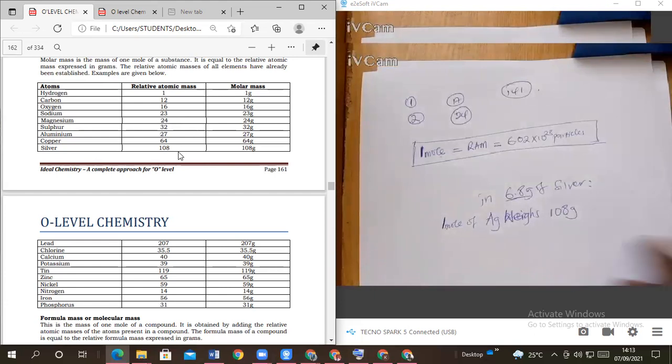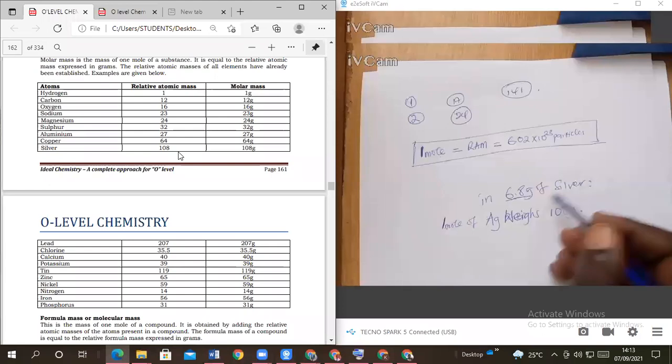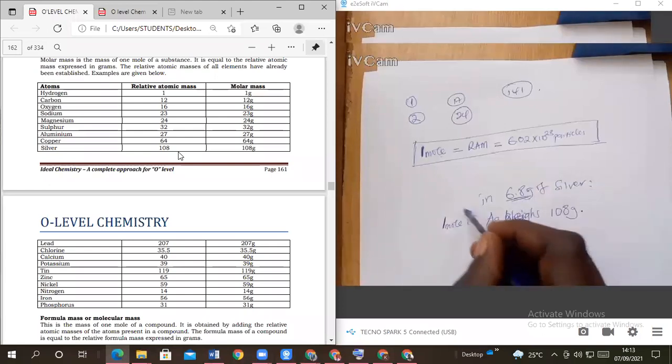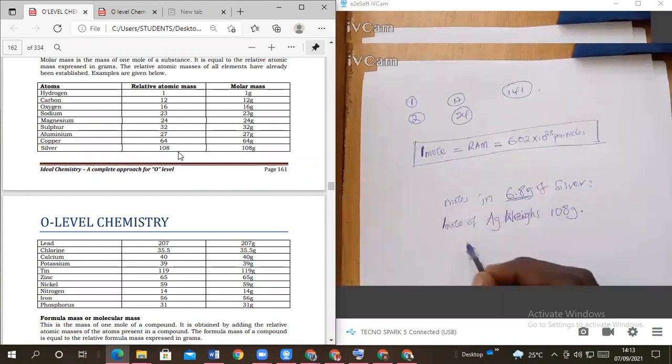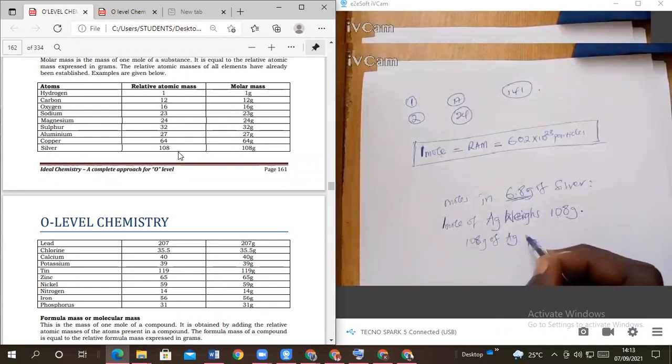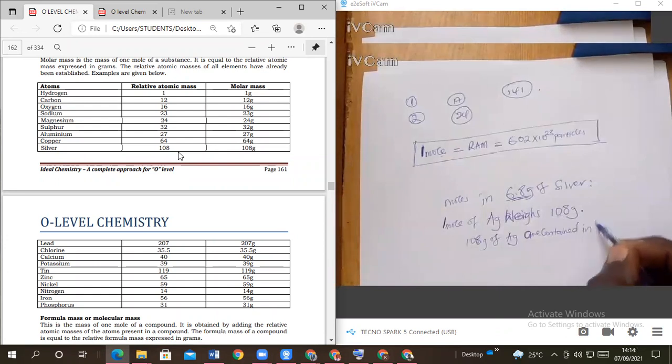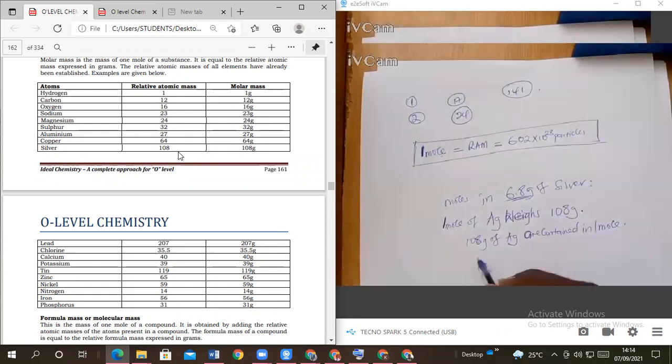So the question has given you this. They want the number of moles in 6.8 grams of silver. So we say 108 grams of silver are contained in 1 mole. What about 1 gram of silver?